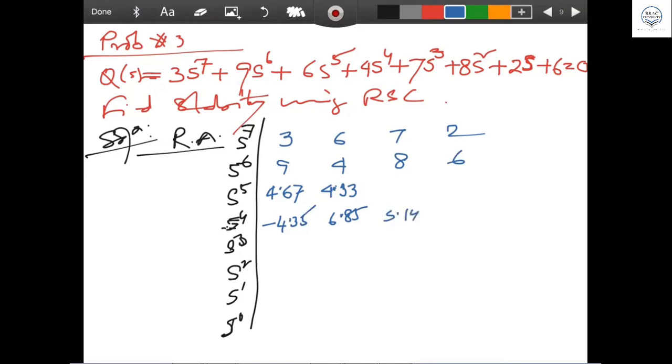Check everybody. Are these correct or not? You check everything. Is she correct or not? Or did you get a different answer? Check it.